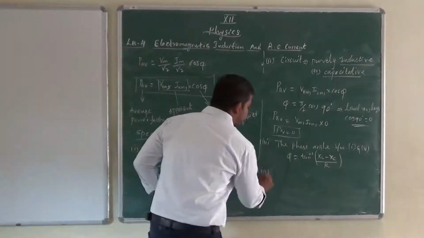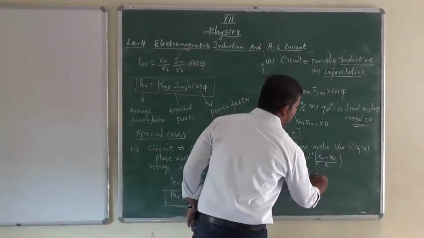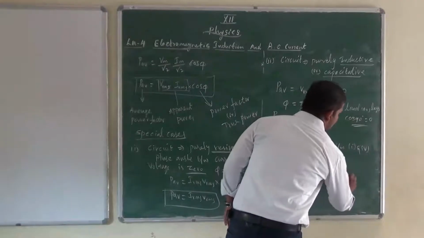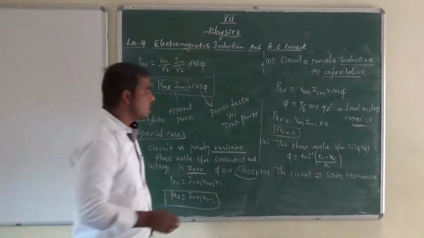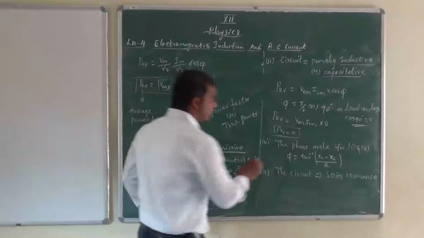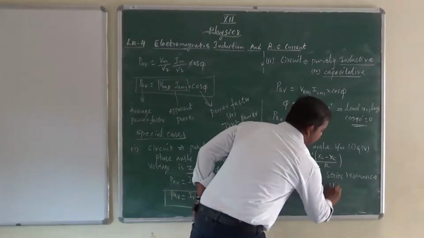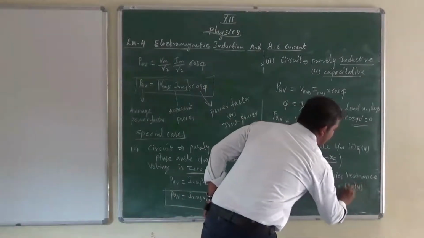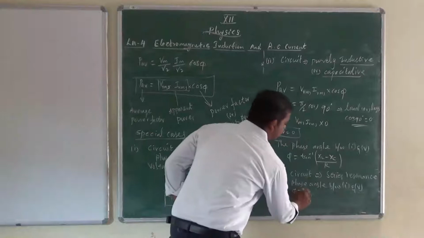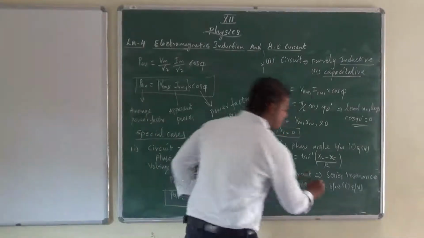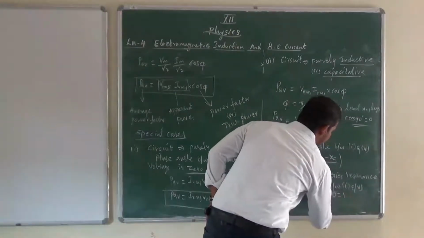The fourth case is a series resonance circuit. At series resonance, the phase angle between current and voltage is 0. Phi equals 0 at resonance, and cos 0 equals 1.